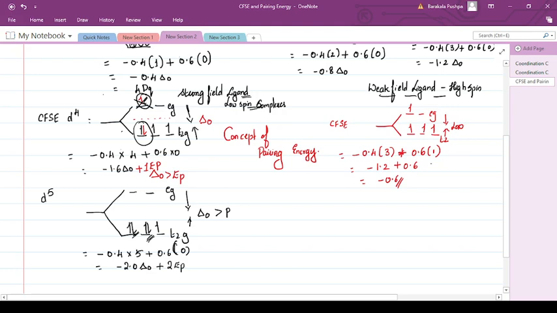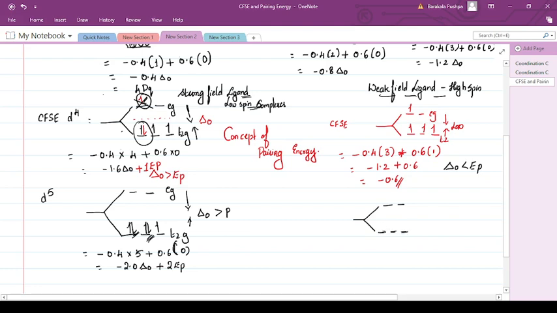In the weak field case, the pairing energy is greater than the magnitude of splitting, so delta O is less than the pairing energy. That's why the pairing energy is sufficient for an electron to jump into the higher levels. So if you are taking the weak field case for the D5 system, again you have T2G and EG.